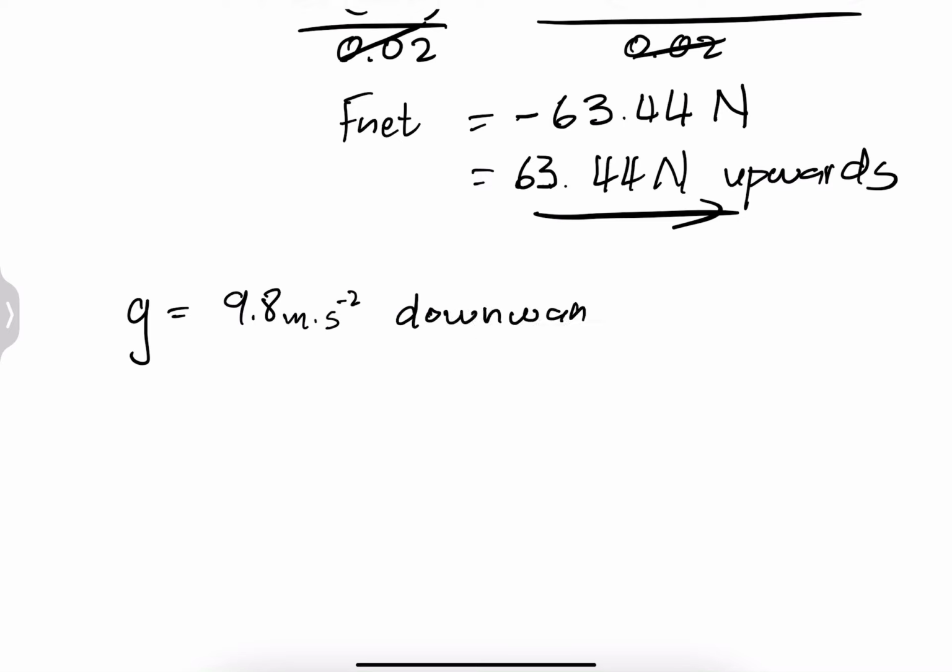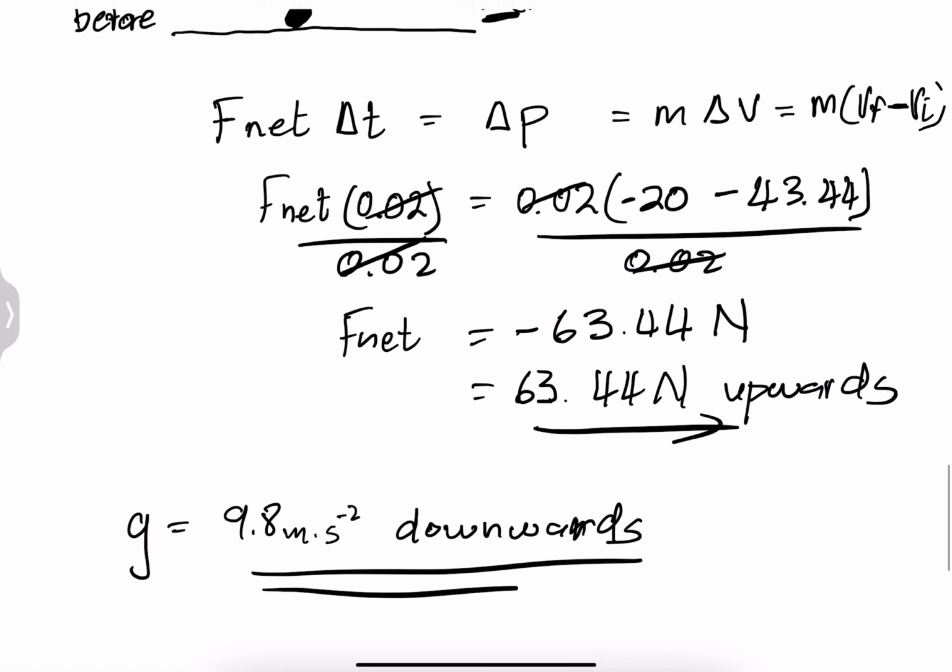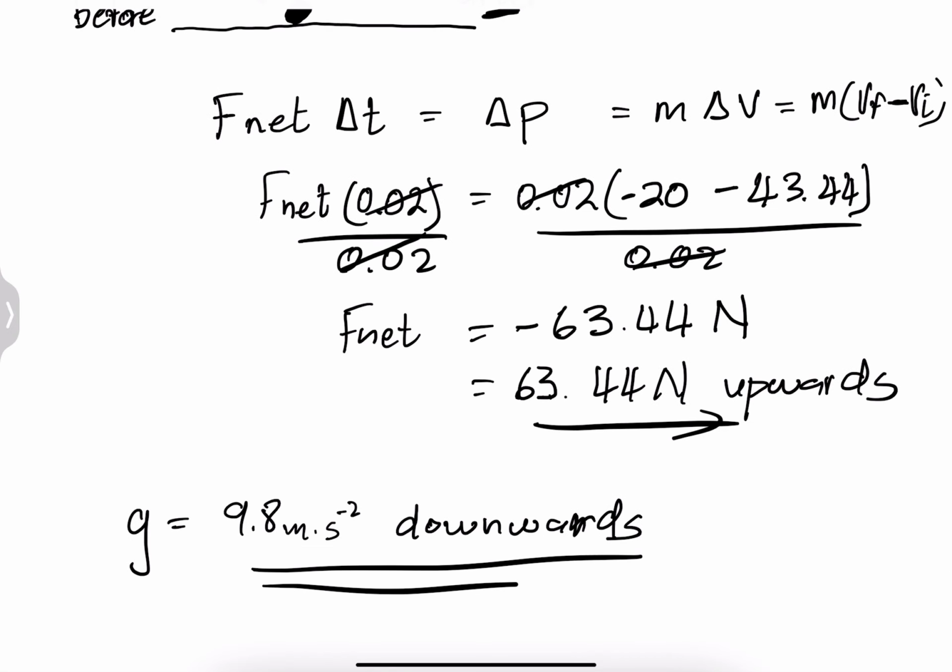Please do not make the mistake of thinking that because the ball is going upwards, acceleration is upwards. Gravity always pulls us towards the center of the earth, and in our case, it is always downwards.